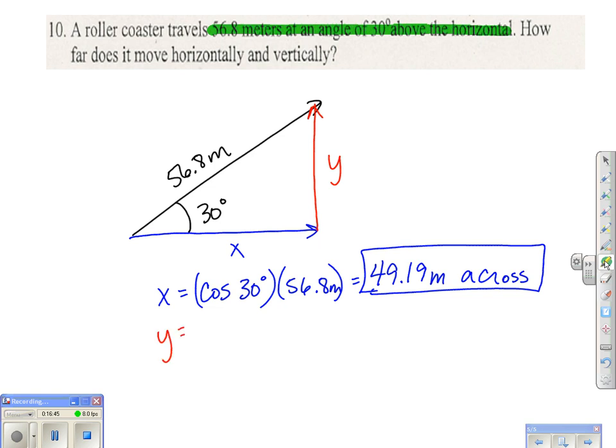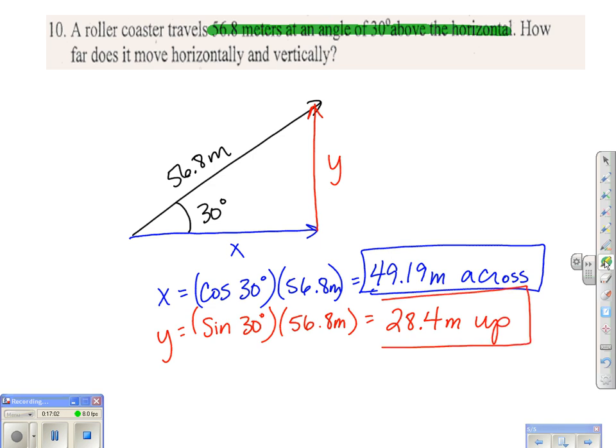And then y is going to be my sine of 30 because it's the opposite times my hypotenuse, which is 56.8 meters. And that's going to give me an answer of 28.4 meters, and this is up because the roller coaster is rising. So this would be pretty much things you need to know.